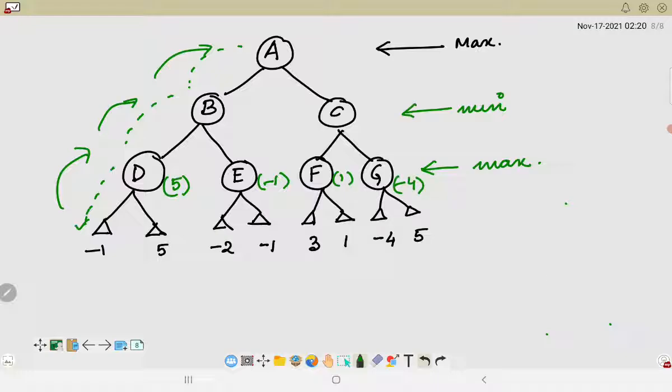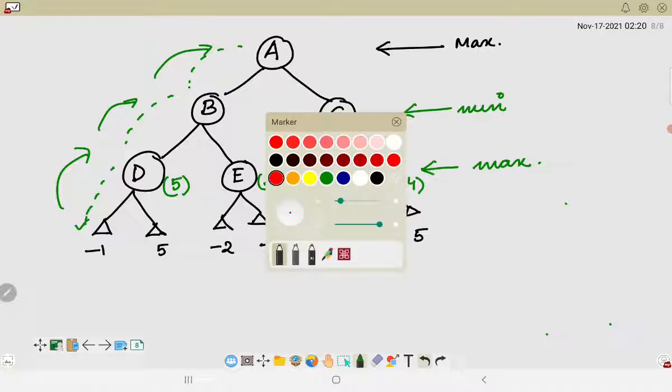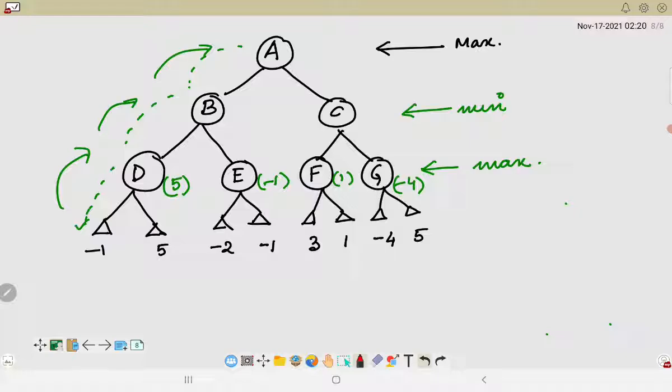Now min will play, which is the opponent. So before min is playing, we will identify in which direction Max should move. So Max should move in this particular direction, here again this direction, here in this direction, and here in this direction.